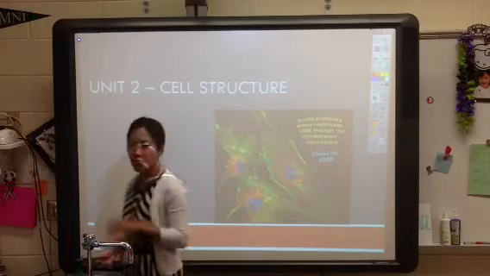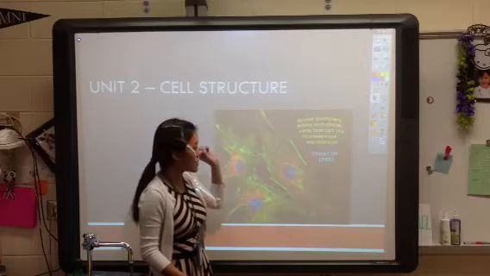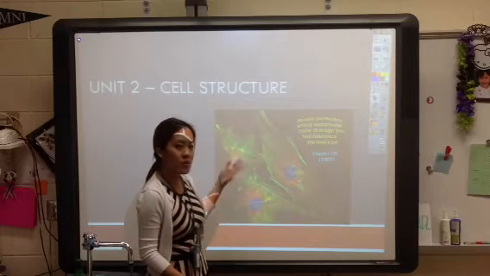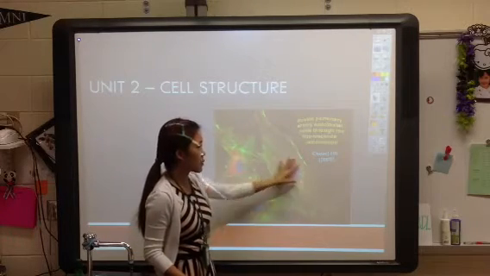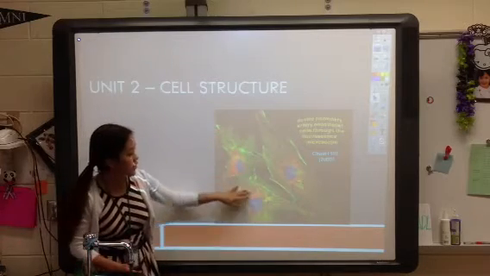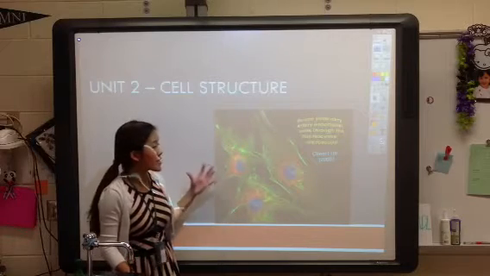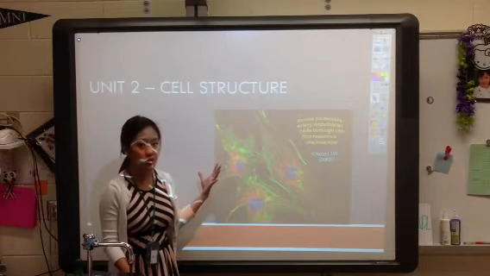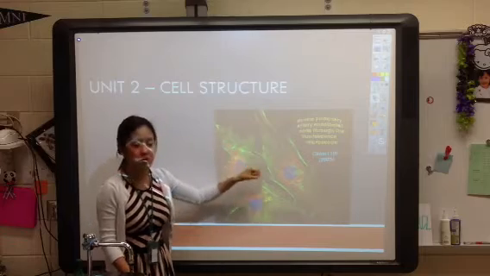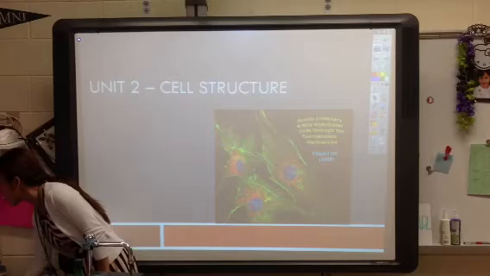And so we're really going to focus today just on the basics of the different types of cells. And then tomorrow, or for our next lecture, we're going to talk about what's actually inside of the cells. So notice that there are different colors, and it seems like there's different parts there. That's actually because the stains that are used will attach to the different types of tissues or the different types of organelles that are there.